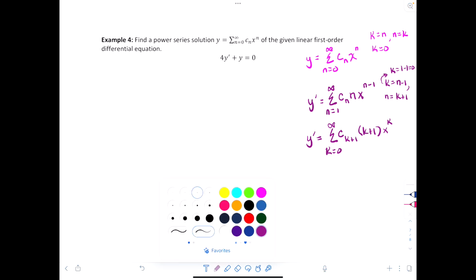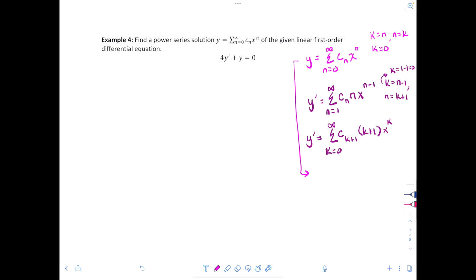And then that other one, y, we're just switching out the n's for k's. So we'll have the summation as k goes from 0 to infinity, c sub k, and x to the k. Groovy?